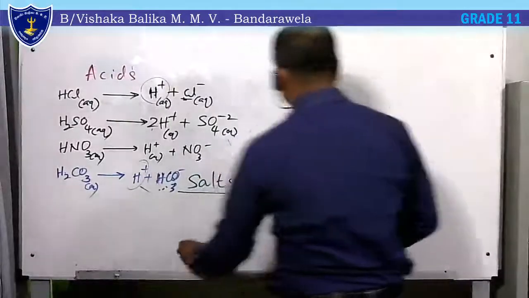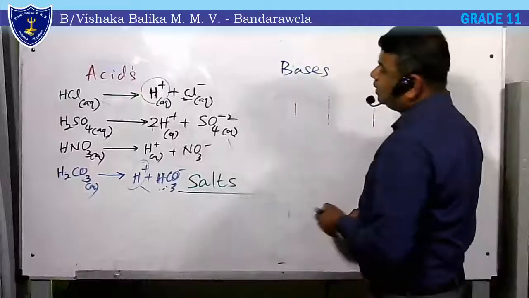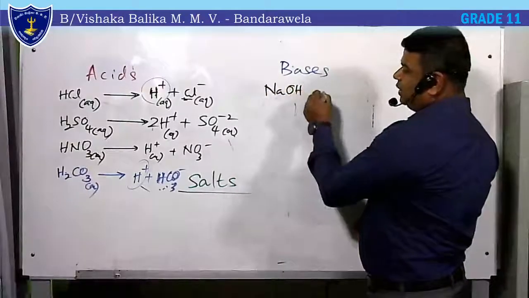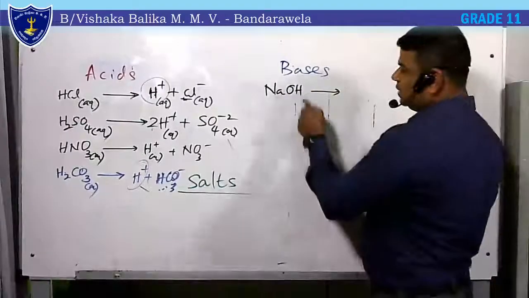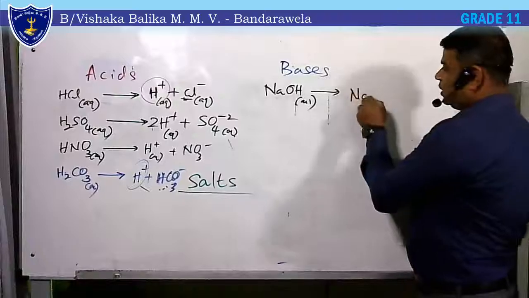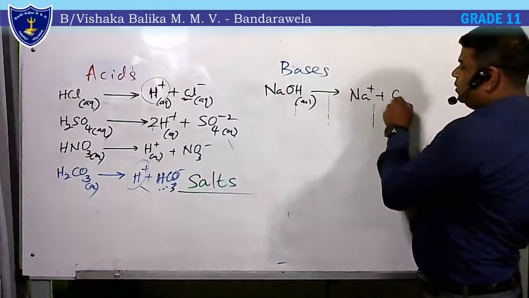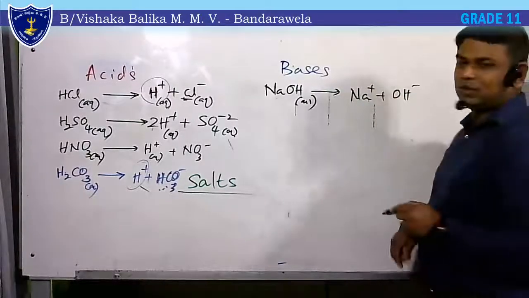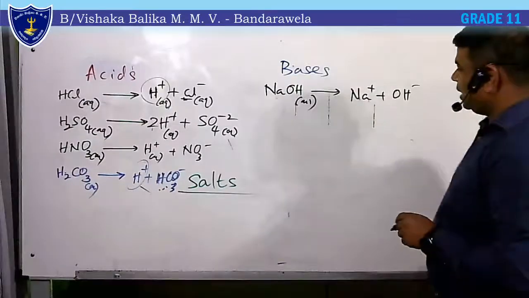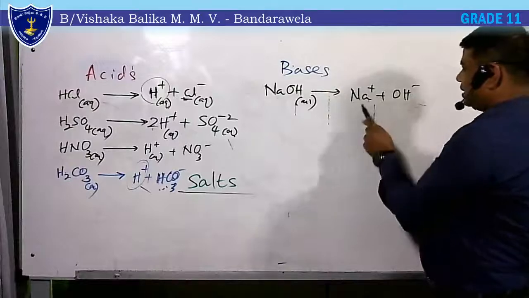Bases. Bases types. First, let's take strong bases. Sodium hydroxide, NaOH, caustic soda. It ionizes as sodium plus and OH minus, sodium and hydroxyls. And the hydroxyl is completely liberated.